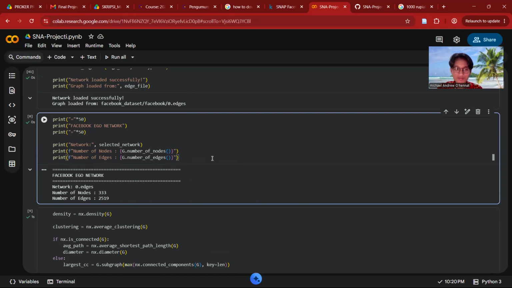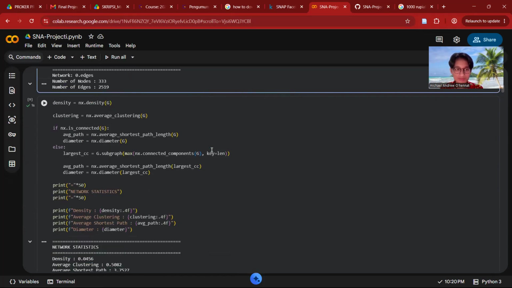Number 0 has 333 nodes, or we can say, for example, 333 people in there, and edge means the connection. Ego number 0 means the information processed is based on the 0 ego, so the 0 ego is going to be the center of this research.